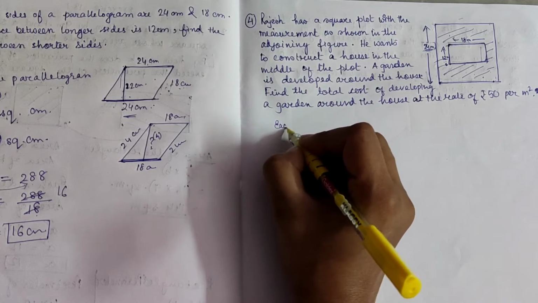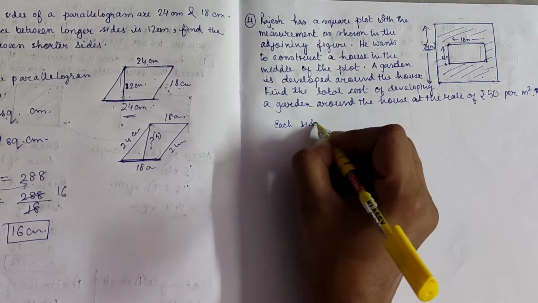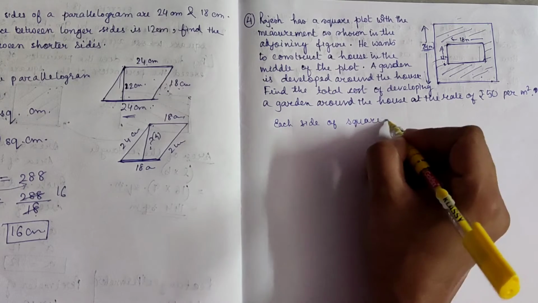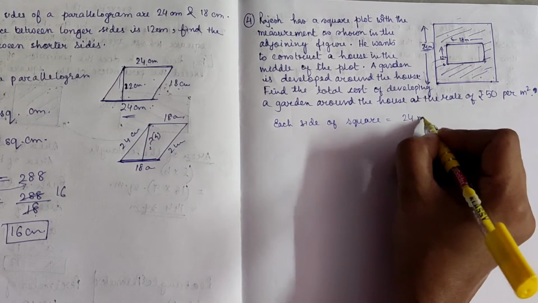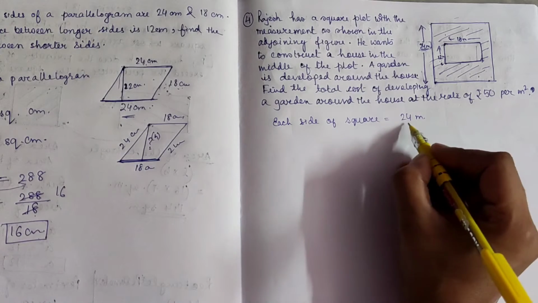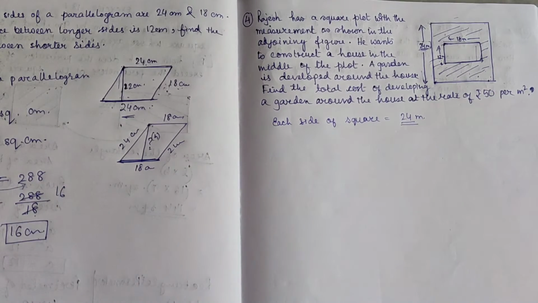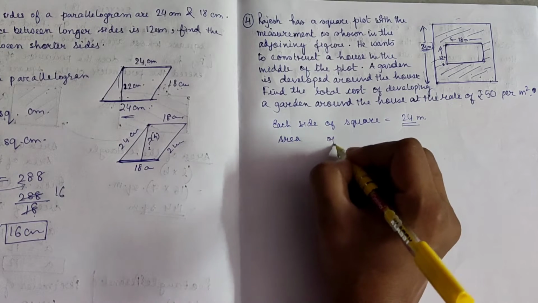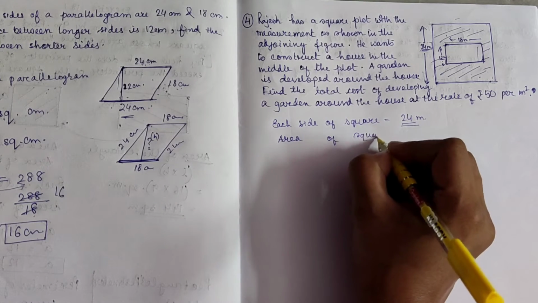Each side of the square is given how much? 24 meter. When we know each side of a square, we can find out the area of a square. So area of square is what?